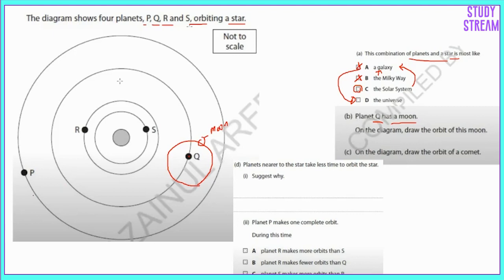The comet's orbit is going to be around the star, not the planets, and it can be, as we said, an elliptical orbit. So maybe something like this. Yeah. Can the comets and planets intersect at the same point? Like, can they collide with each other?